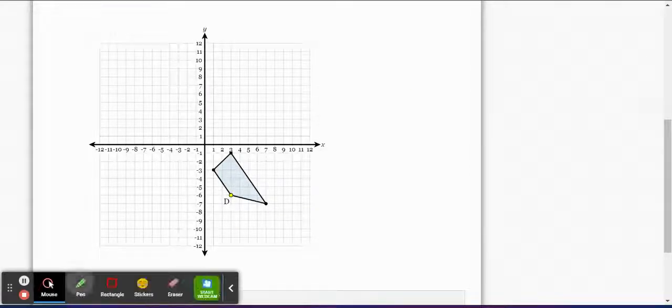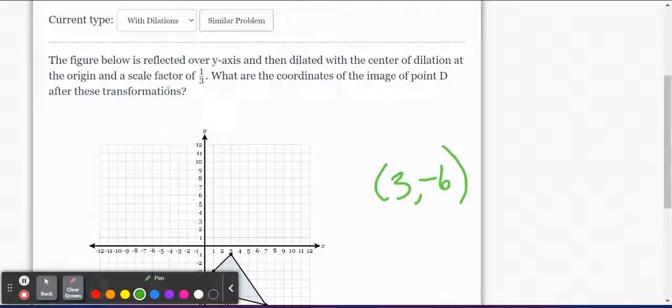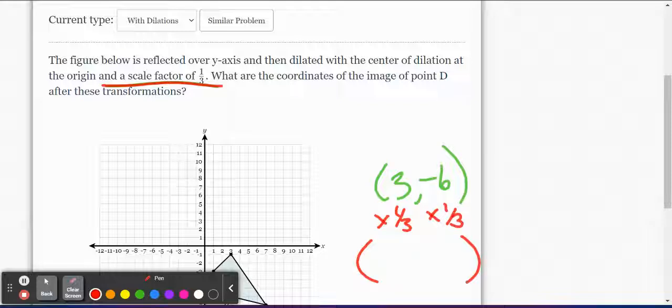So I'm going to write (3, -6). Okay, so that's D right there. Now, a scale factor of 1/3. You multiply this by 1/3, multiply this by 1/3, or basically divide by 3. So you get (1, -2). So that's after it's scaled down by 1/3.